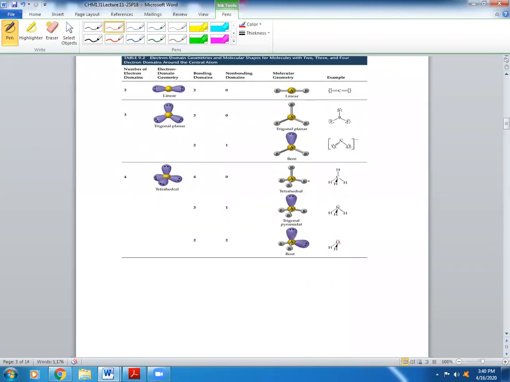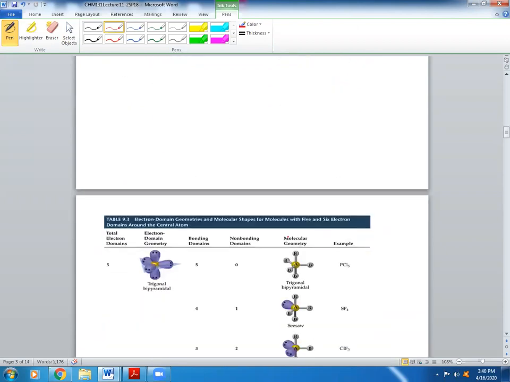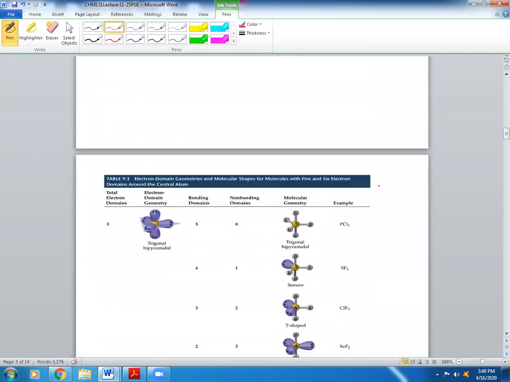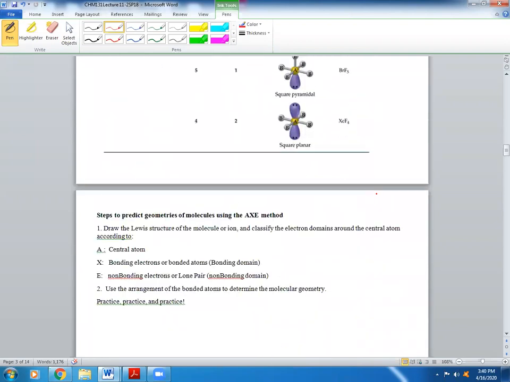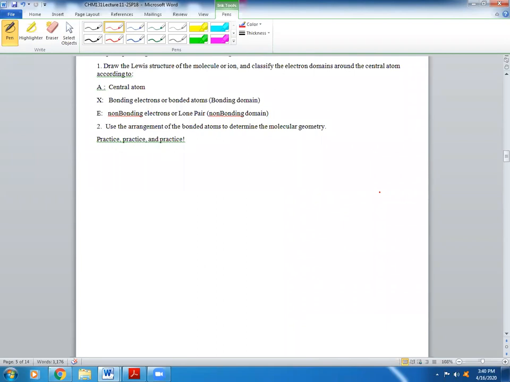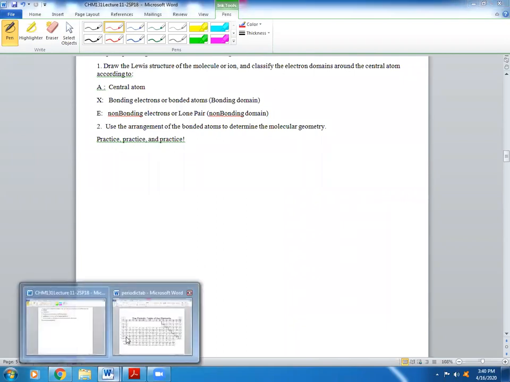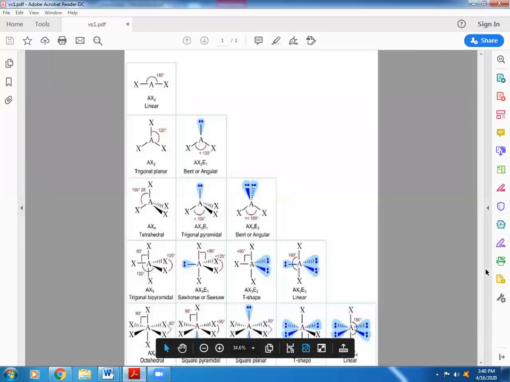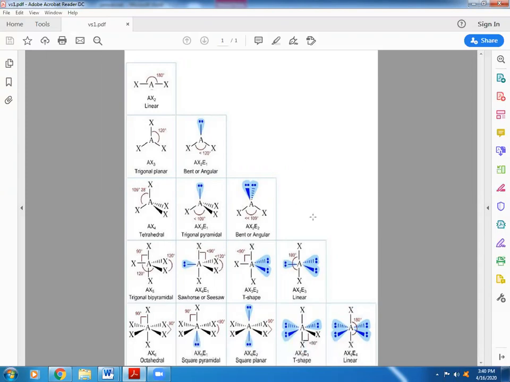So notice that you have all kinds of structures here. We're going to do as many as we can, but it all follows. So let's begin. What I need you to do is have a periodic table, and take out this sheet right here. This was given to you in the handout. It's called the AXE sheet. It's for the VSEPR. You need this one.